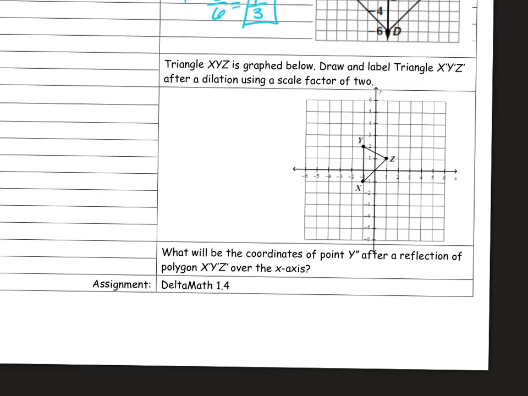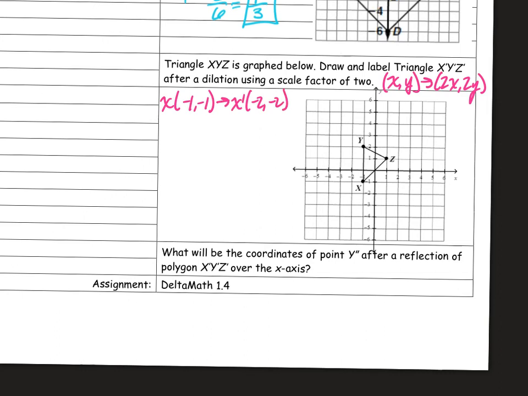Okay, and then the last one says, triangle XYZ is graphed below. Draw and label triangle X prime, Y prime, Z prime after a dilation using a scale factor of 2. So my rule is going to be xy goes to 2x, 2y. So I'm going to multiply it by 2. That means X is -1, -1, which goes to X prime, which is -2, -2.